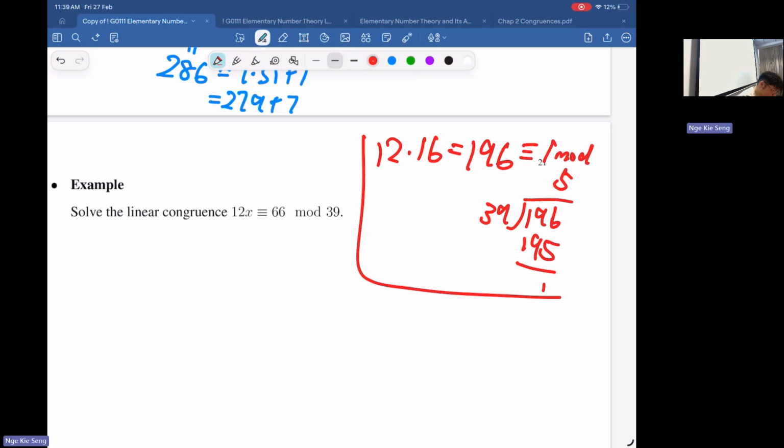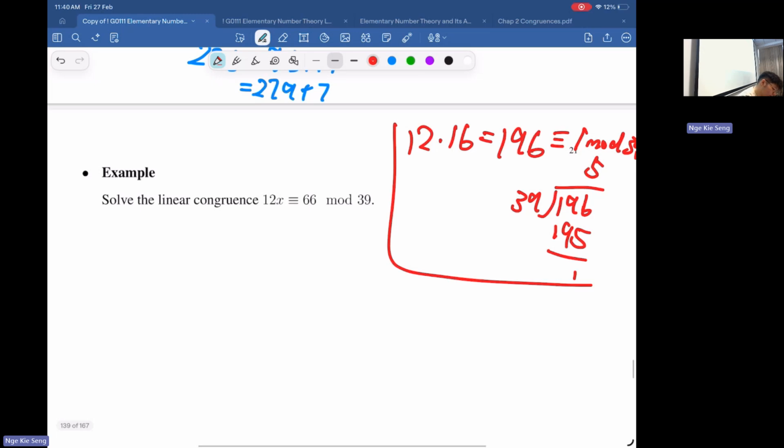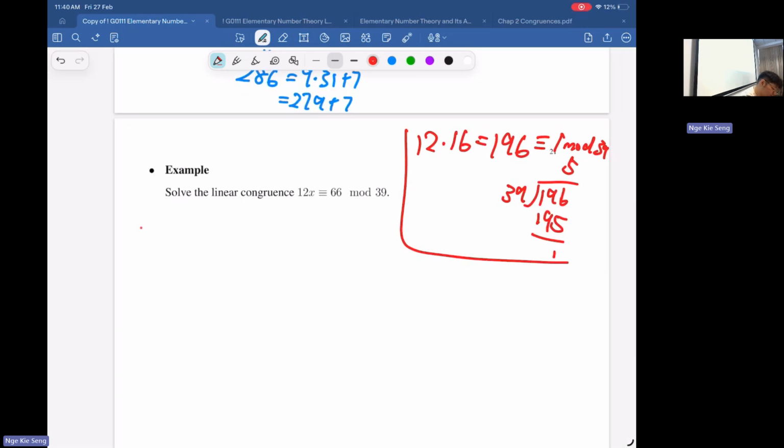Oh, this one, the GCD is not 1, but there is an inverse. It's possible, I think. So in this case, the GCD is not 1, but it's invertible. So, 12 times 16 is 1 mod 39.